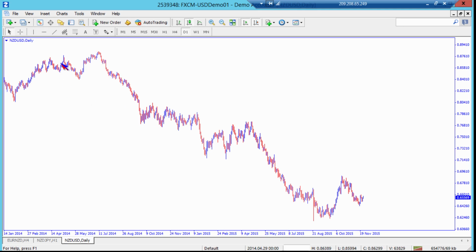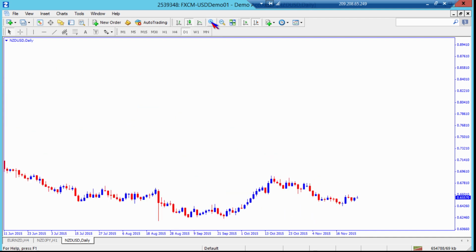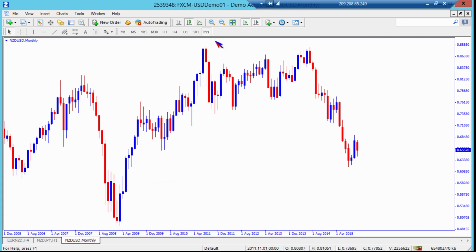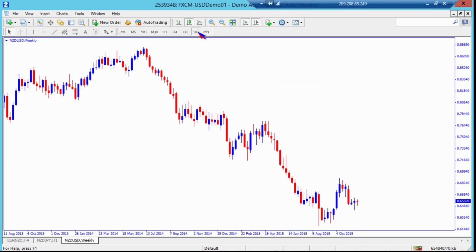If I was to go to a smaller time frame, M1 means 1 minute, M5 means 5 minute, 30 minute, H1, H4. What does that mean? Let's start from the highest one. MN means each bar is 1 month in length. W1 is a weekly chart, where each bar means 1 week.